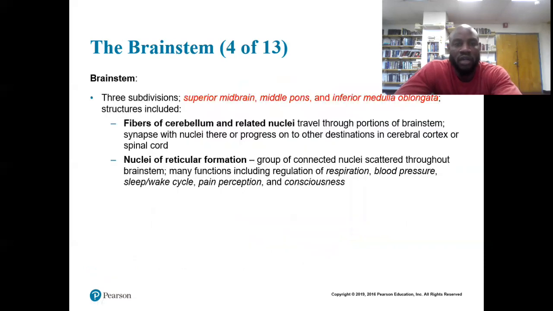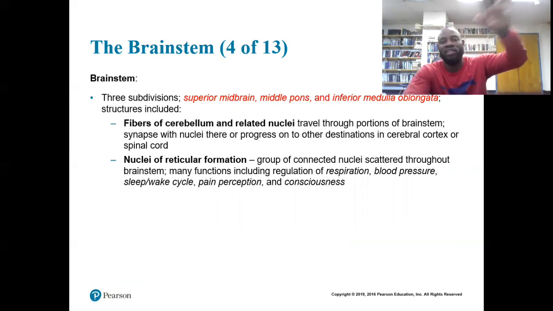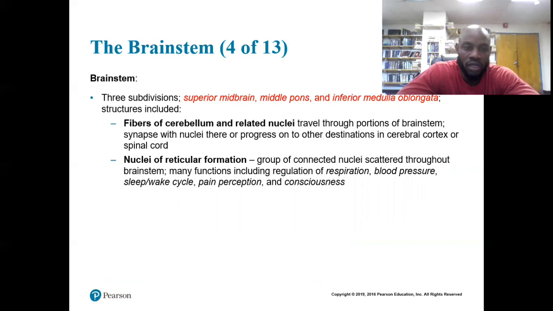All right, so the brainstem we divide into superior, midbrain. In the middle, we have the pons, and inferior, we have the medulla oblongata. So that's going from superior to inferior. Midbrain, pons, medulla oblongata. Right? Fibers of the cerebellum and related nuclei travel through portions of the brainstem, synapse with nuclei there or progress on to other destinations in the cerebral cortex or spinal cord.